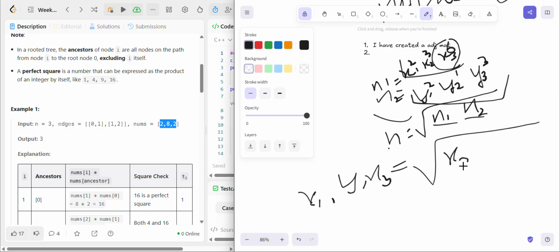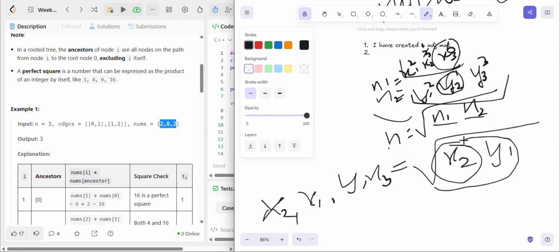That means x2 power 2 will go out of the square root and become x2 outside, and one x2 will remain under the square root, and here y3 will also be under the square root.